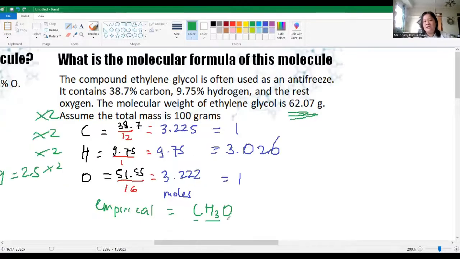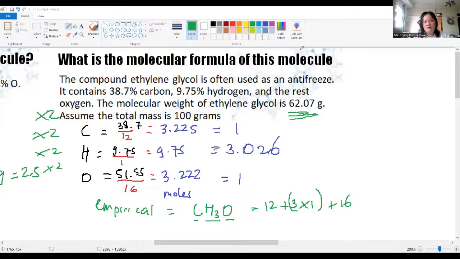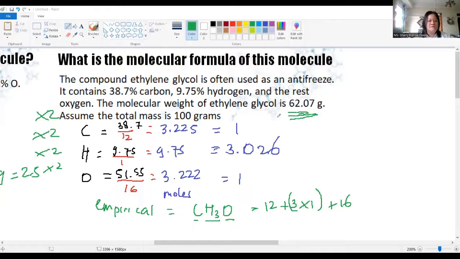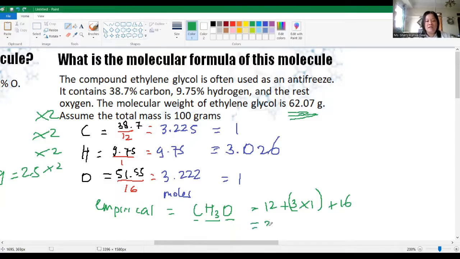The MR of this one is 12 plus 3 times 1 plus 16. Use calculator like usual. 12 plus 3 plus 16, this one only 31.